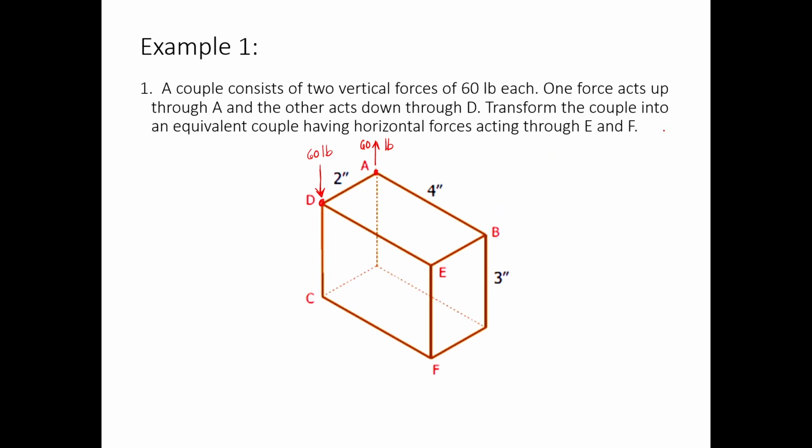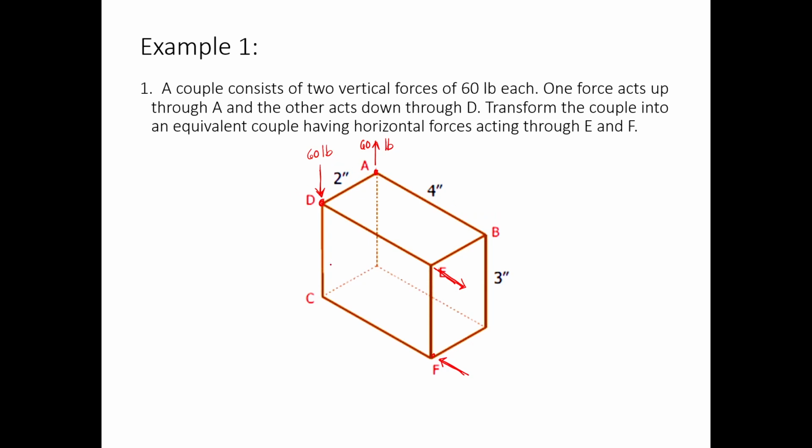Transform the couple into an equivalent couple having horizontal forces acting through E and F. So we convert the up and down forces at A and D to horizontal forces acting through points E and F. Let's assume at point E the force goes to the right, and at point F the force goes to the left.